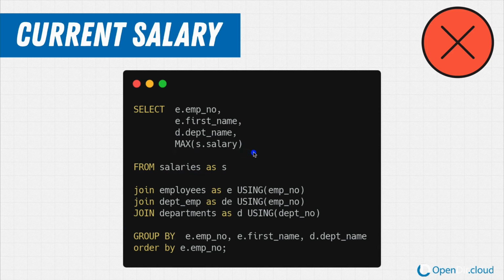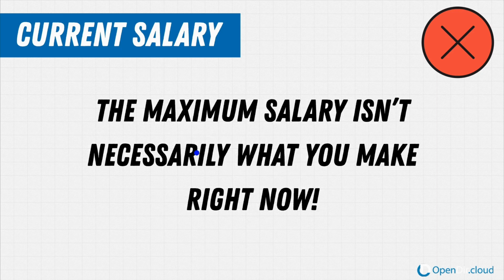And yes, if your salary is only progressing forward, your max salary should be your most recent salary. But then I posed the question, hey, what if people move between departments and they have to take salary cuts, or there's an economic recession and everyone is taking a salary cut because of that, and that gets logged in the system? Well, then your max salary isn't necessarily your current salary. The maximum salary isn't necessarily what you make right now.